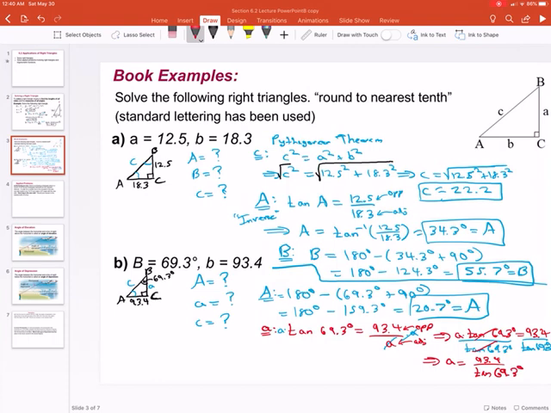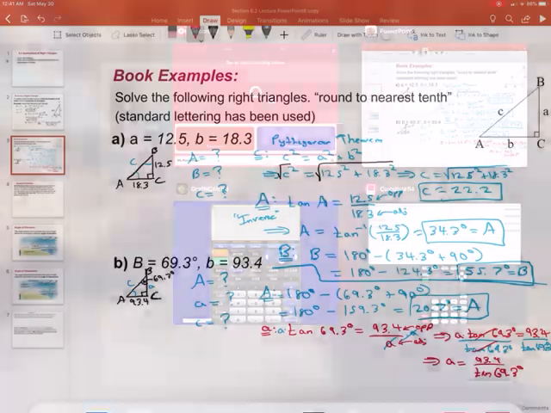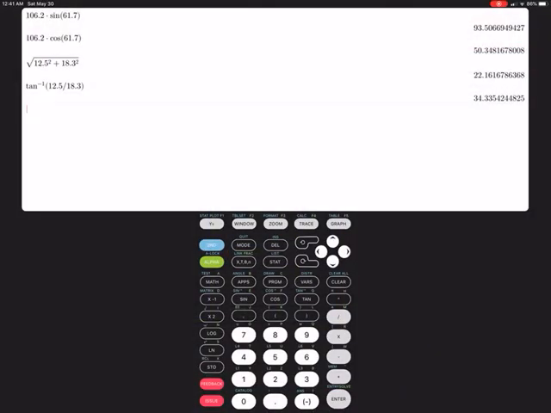Let's go ahead and plug that into our TI. Get your calculator out, and we'll plug that in. So 93.4 divided by the tangent of 69.3, which we know is in degrees.